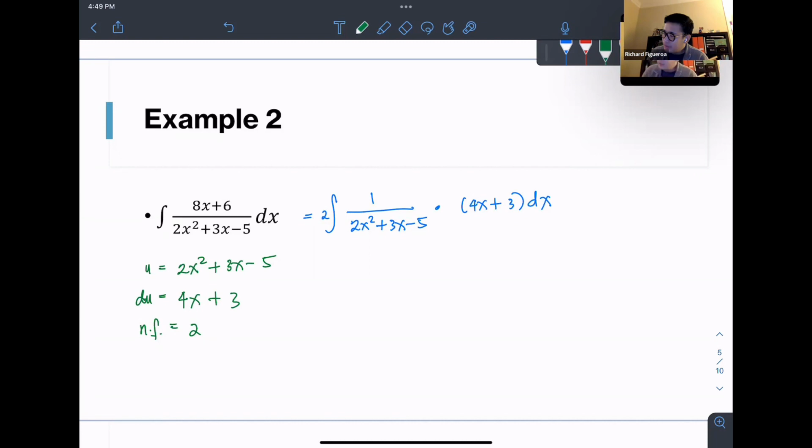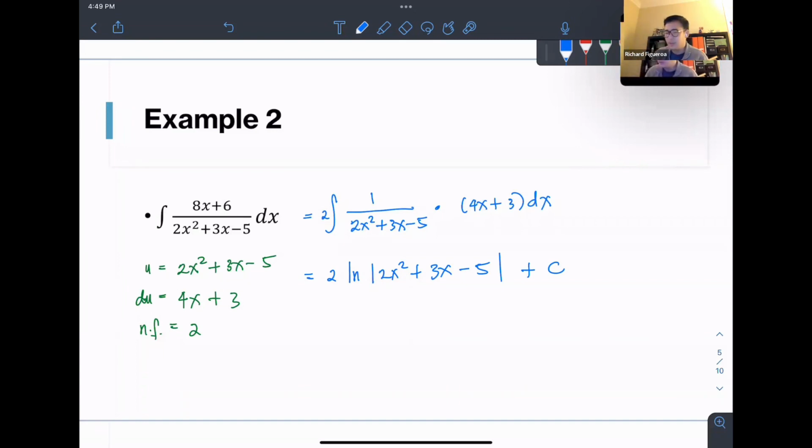Okay, so therefore, so what would be our answer here? This is 2, and then ln of 2x squared plus 3x minus 5 plus c. So if you want to raise that one to 2x squared plus 3x minus 5 raised to 2, that is okay. If you're going to apply the properties in logarithm.